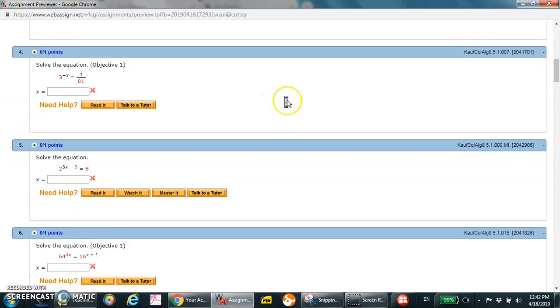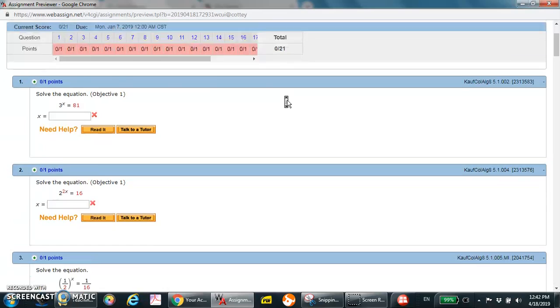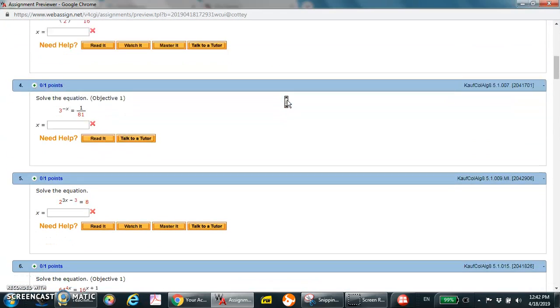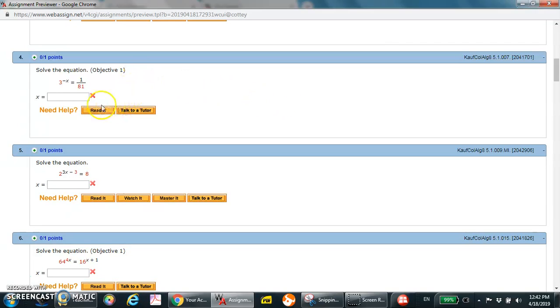Now, let me show you some examples using the homework. Let's see here. We want to solve the equation 3 to the negative x equals 1 over 81.